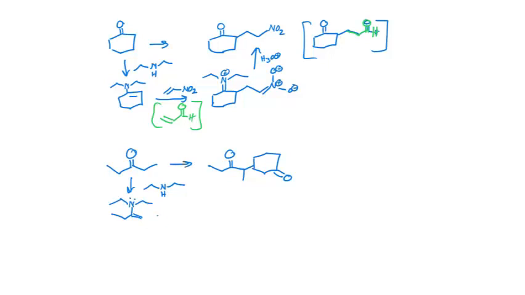And I'm going to react that with this. So I recognize that this should be the shape of my electrophile. And if I'm making a bond at the beta carbon, then I need to have in my starting material a pi bond right there.